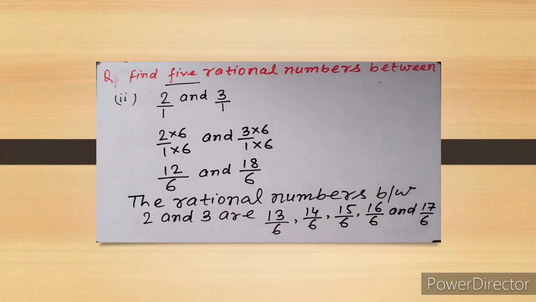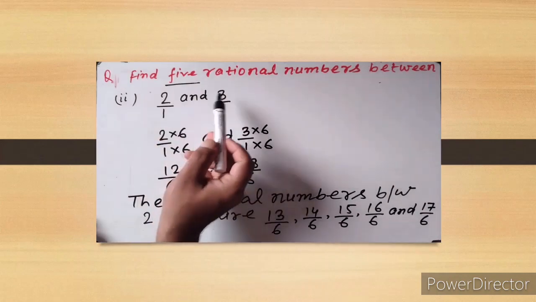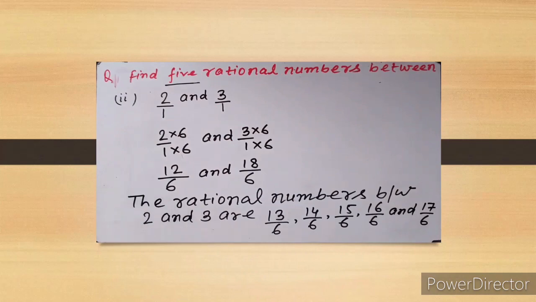So, students, what we have seen in this question, we have the question 2 and 3, and we have to find in this question how many rational numbers?